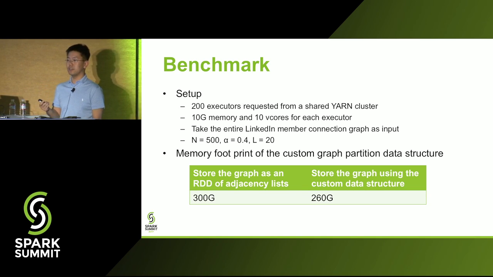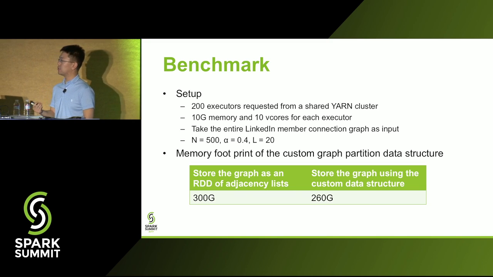The first thing we looked at is how efficient this custom data structure is compared to if we just store the graph using an RDD. So we did a benchmark by caching the graph as an RDD in memory versus storing the graph using our custom data structure.